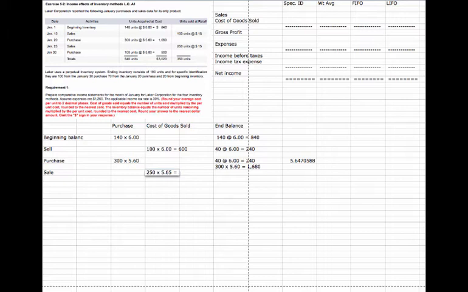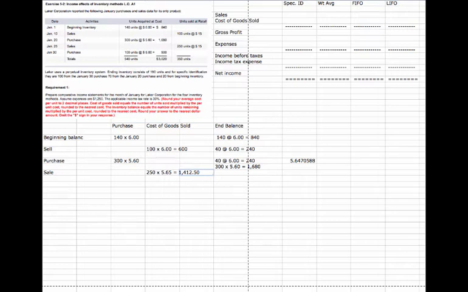So 250 units times $5.65 is going to give me $1,412.50.